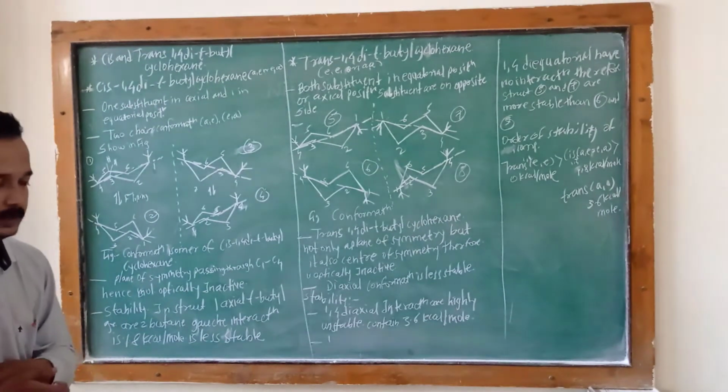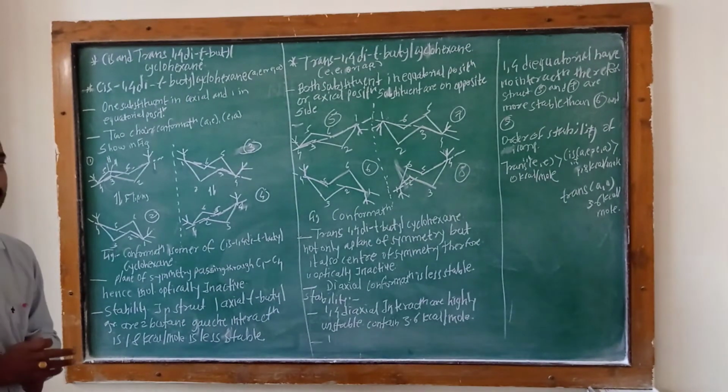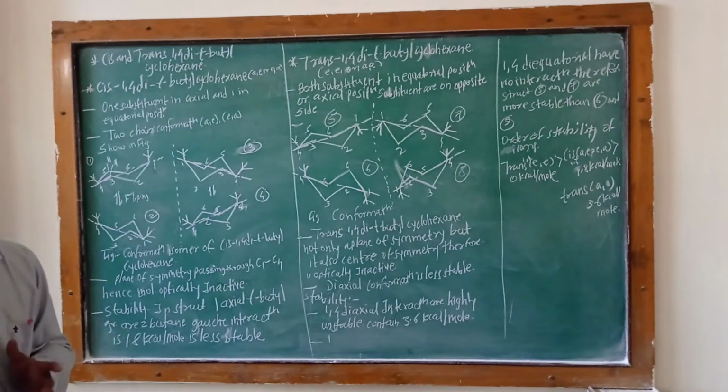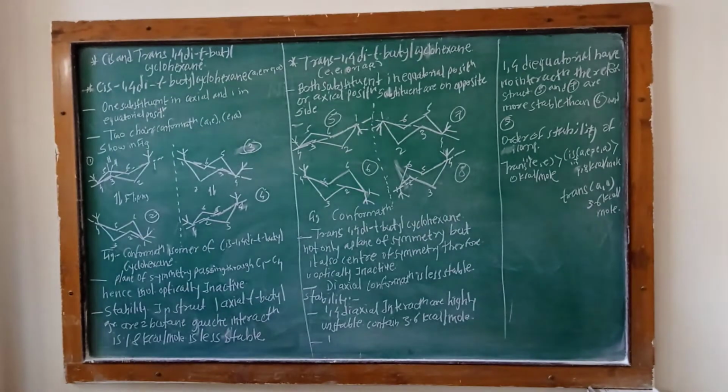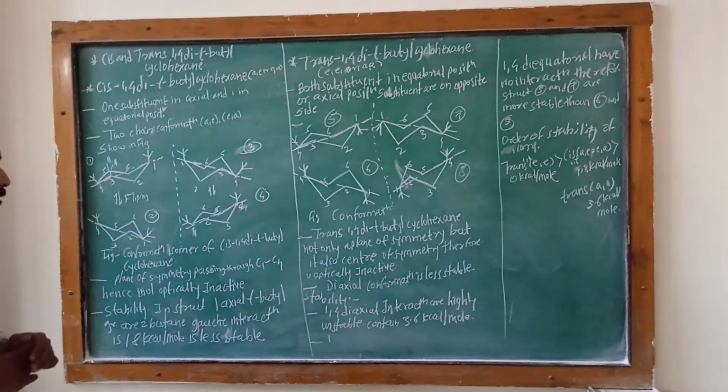After flipping, the fourth position tertiary butyl group becomes axial and the first position tertiary butyl group becomes equatorial. This is the conformation of cis 1,4-ditertiary butyl cyclohexane.